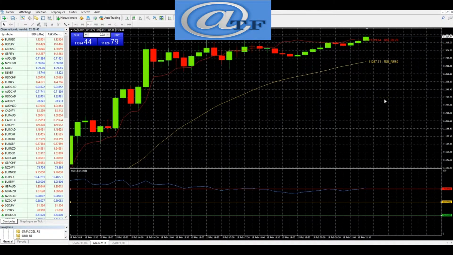Just click on OK, and now you can see that the level to cross on the live candle is far away. And of course it's so far because at the moment the RSI is higher than level 70, so it will be difficult to cross the level 50 in the same candle without moving a lot.